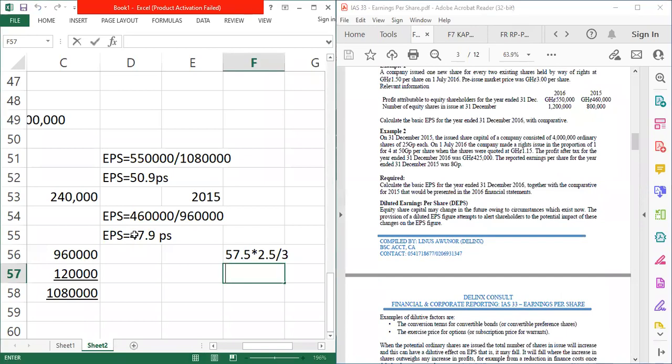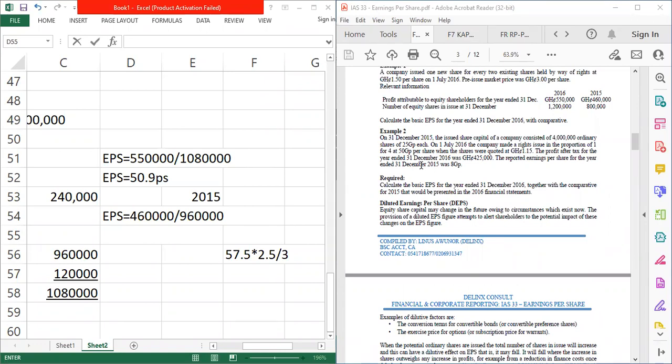On 31st December 2015, the issued share capital of a company consisted of 4 million ordinary shares of 25 pesos each. On 1st July 2016, the company made a right issue in the proportion of 1-for-4 at 50 pesos per share, when the shares were quoted at 1.5.